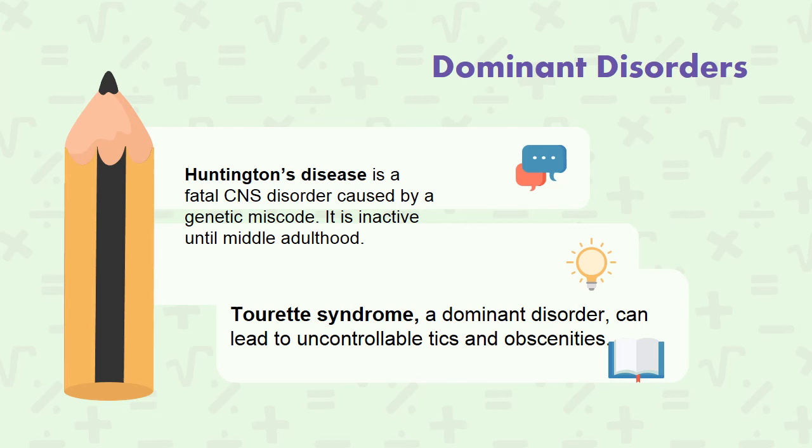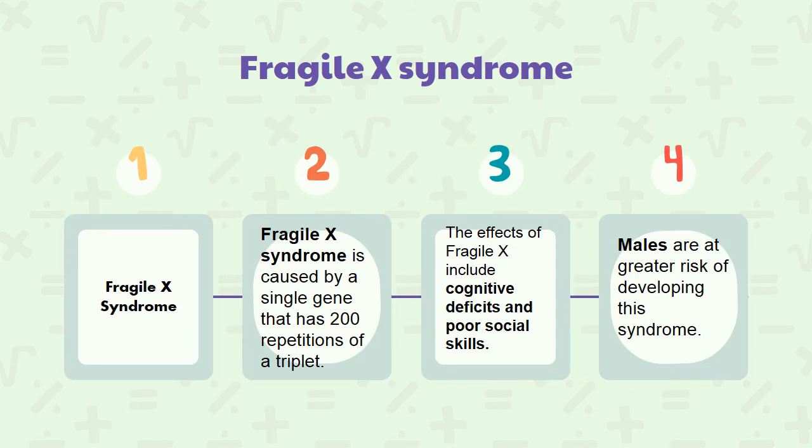Dominant disorders are Huntington's disease, which is a fatal central nervous system disorder, caused by a genetic miscode, and it is inactive until middle adulthood. And another dominant disorder is Tourette syndrome, which is characterized by uncontrollable tics and obscenities.